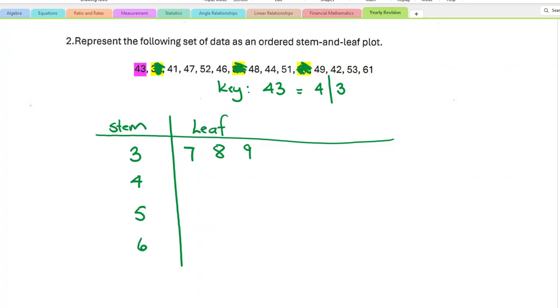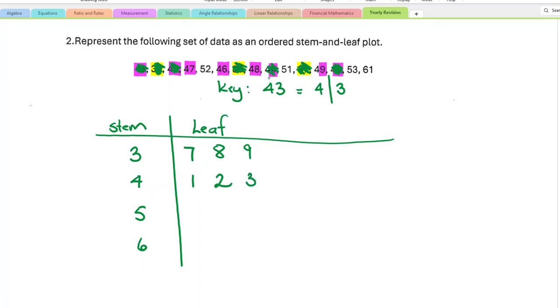Now we're going to do the same thing for the 40s. So let's highlight the 40s. Lots of those. And we need those in order from smallest to largest. So the smallest one is 41. So the 4 is in the stem, the 1 is in the leaf. The next largest number is 42. So the 4 is in the stem, the 2 is in the leaf. 43 will be next.